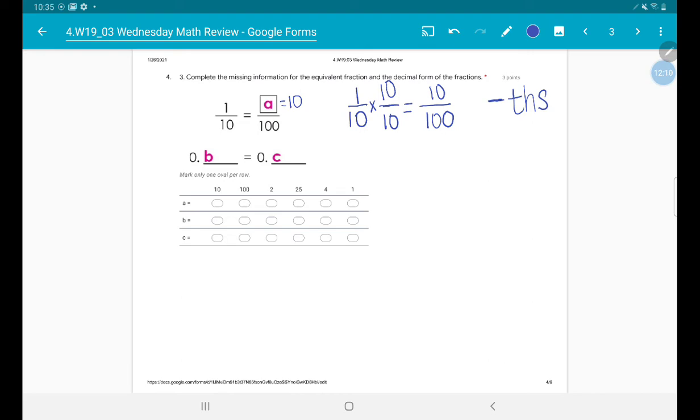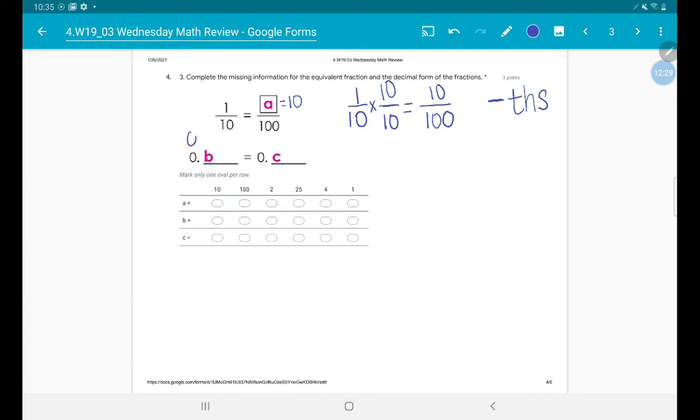All right. But we need to know how we would write 1/10 as a decimal. If I'm writing 1/10 as a decimal, where do you think that 1 would go? In the tenths place value, right?